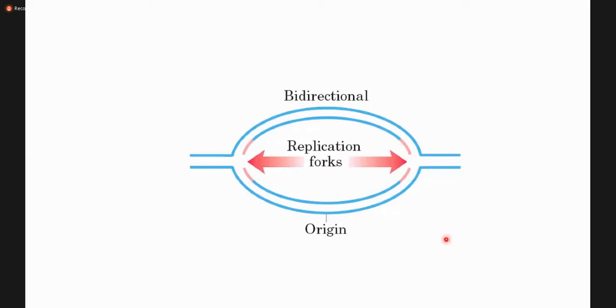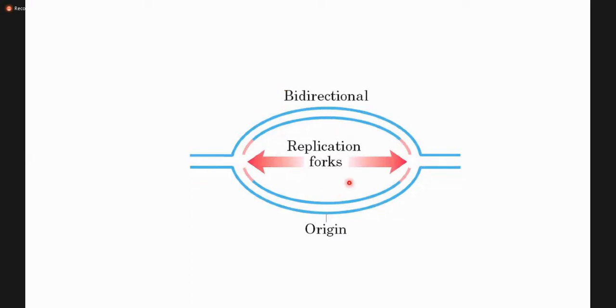When both the strands are pulled apart with the helicase-like activity, the helicase will break the hydrogen bonds between the two strands, and through this, the replication forks are formed on both ends of the replication bubble. So in this way, a replication bubble is formed. At each end, we have a replication fork. At each end, we have one leading strand and one lagging strand. So this is a bidirectional process.